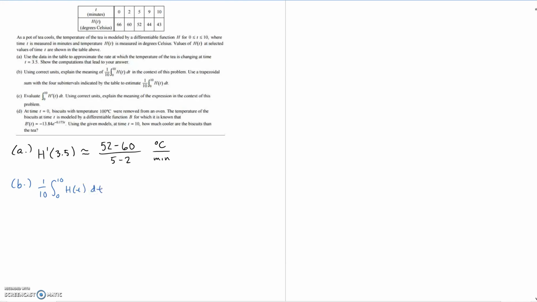So we're integrating the temperature of the tea, and we're dividing by the interval, so the meaning of this integral is the average temperature of the tea in degrees Celsius from t equals 0 to t equals 10 minutes, as noun, units, and time.